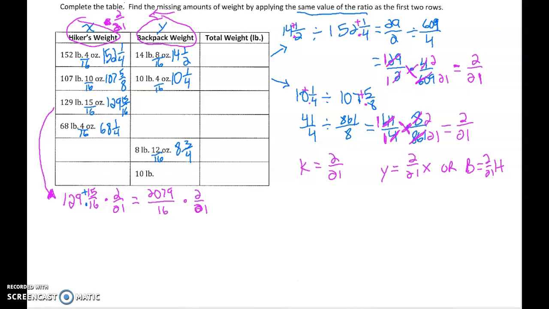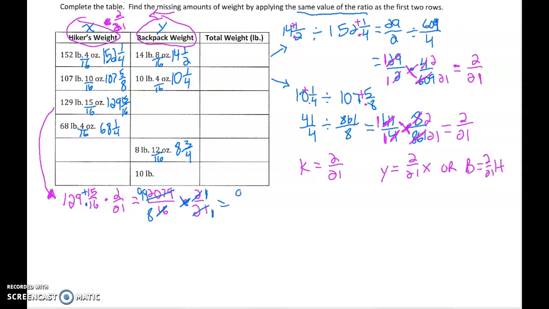I'm struggling to write my 2's. I apologize. And then you can just cross reduce. 2 goes into itself 1 time, 2 goes into 16 8 times. And over here, again, if you divide 2,079 by 21, 21 goes into itself 1 time, goes into 2,079 99 times.